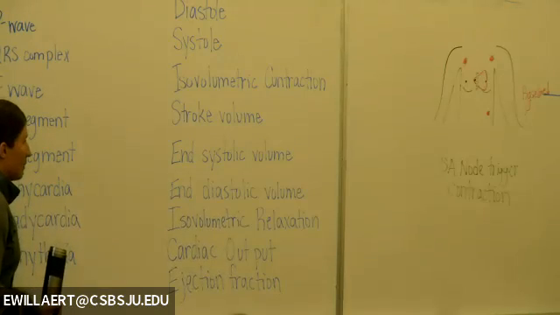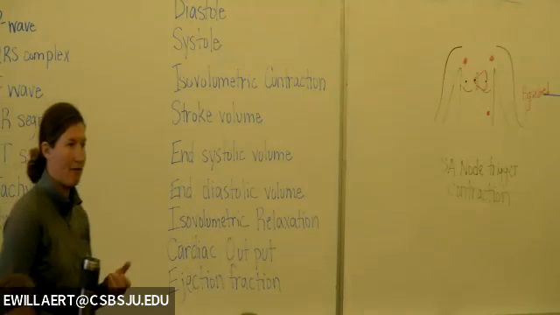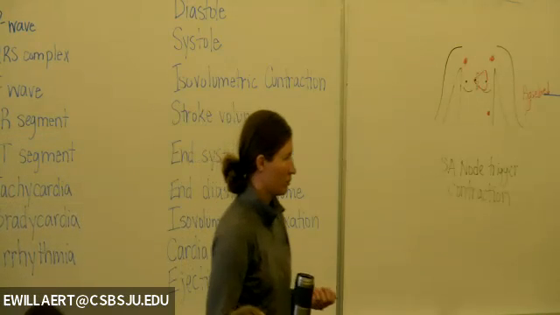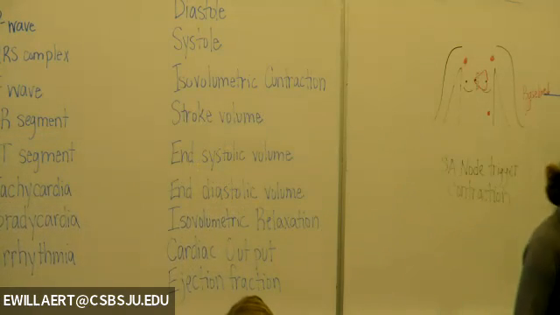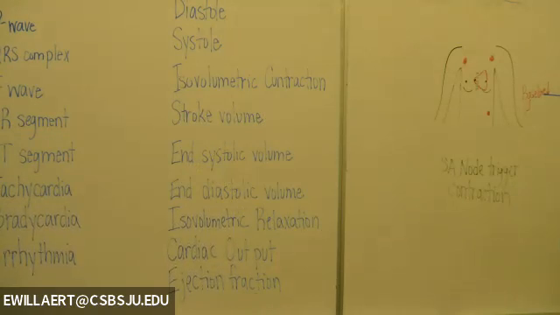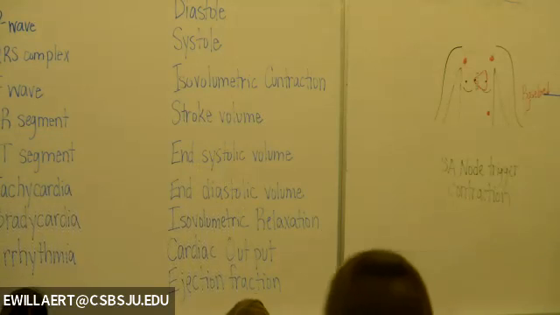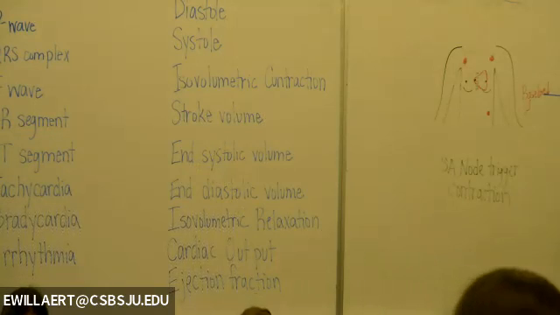The PR segment, this is where we have AV node delay. So we can make this AV node delay longer or shorter, depending on if we're getting more parasympathetic stimulation or less parasympathetic stimulation. Which one's going to make AV node delay longer, sympathetic stimulation or parasympathetic?